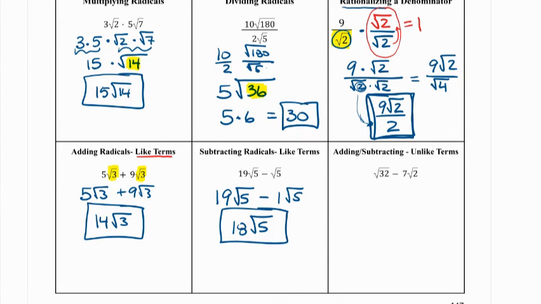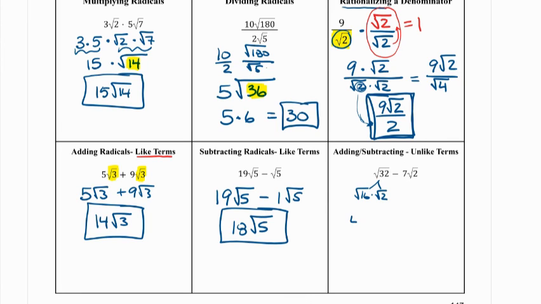If we do not have like terms, you won't be able to subtract. So I can't do square root of 32 minus 7 square root of 2 directly. The thing that you need to double check is, if we simplify the square root of 32, will we end up with like terms later? The square root of 32 is the same as the square root of 16 times 2.